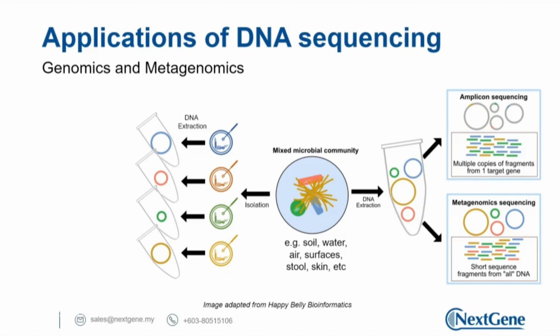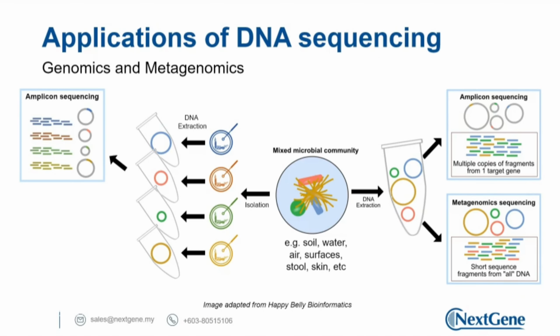When we perform amplicon sequencing for these samples, we amplify perhaps the 16S gene, and after sequencing we get the data separately for each of the pure isolates. This application is also named amplicon sequencing, but it's in the context of genomics.